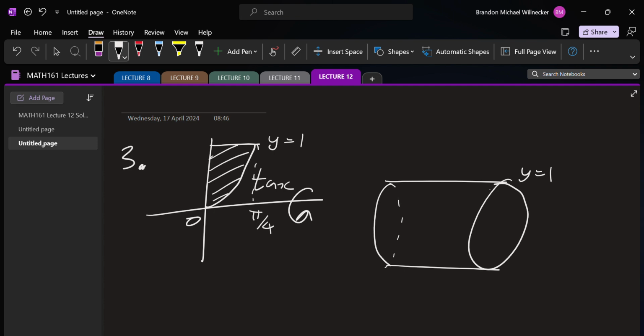That's like the y equals 1 line being rotated around, you end up with the cylinder. And then on the inside, we just have the tan line being rotated around. So that's going to look something like this. Something like that. So the tan bit here, this is over here, this is over here, and this is over here.